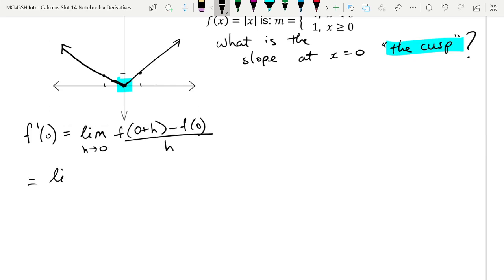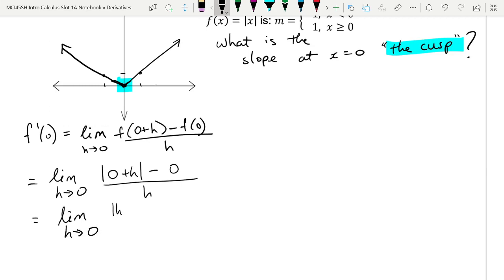So f of 0 plus h is the absolute value of 0 plus h, minus f of 0, which is just 0, all over h. So that simplifies down to the limit as h approaches 0 of the absolute value of h over h.